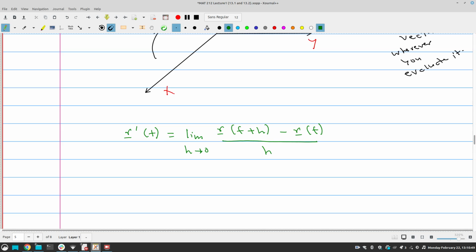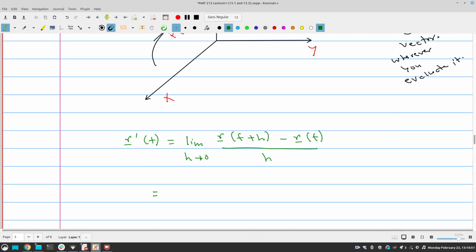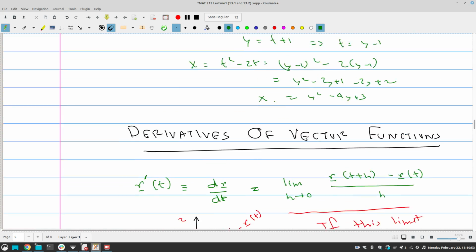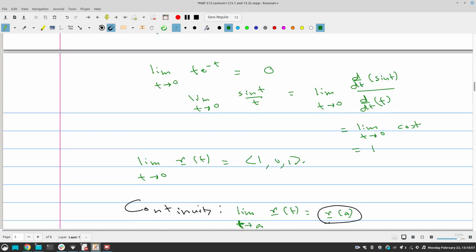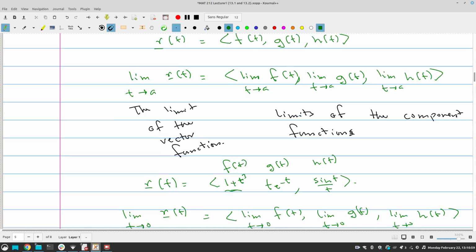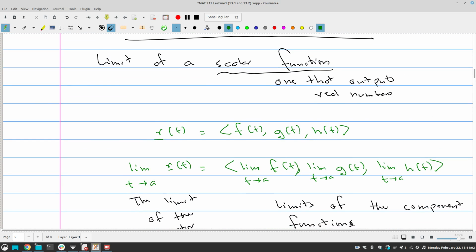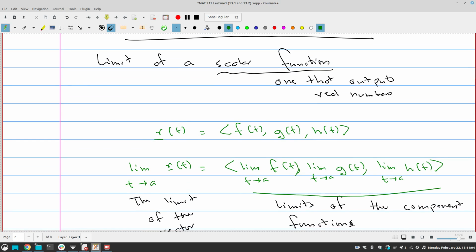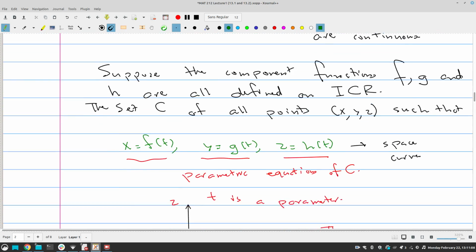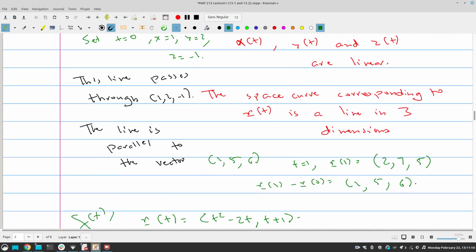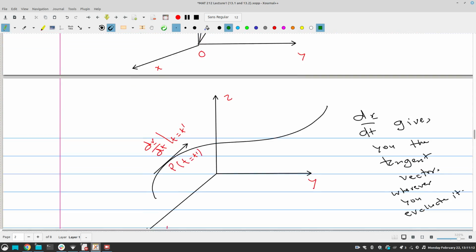Do you remember? We define the limit of a vector function in terms of the limit of the component functions. So we'll do the same here. We'll define the limit in terms of limits on the component functions.